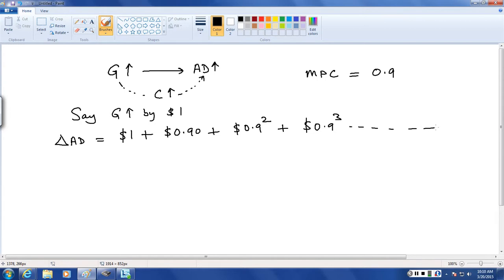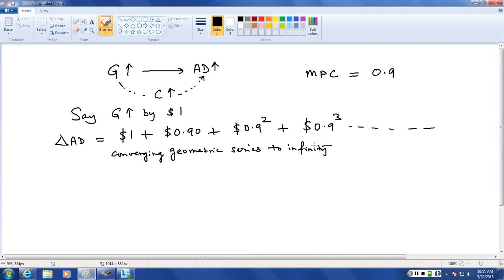And as we discussed in class, this here is a converging geometric series to infinity. It's called a converging series because the numbers are converging to 0. Each number is smaller than the one that came before it, right?